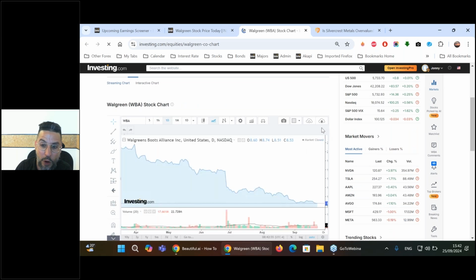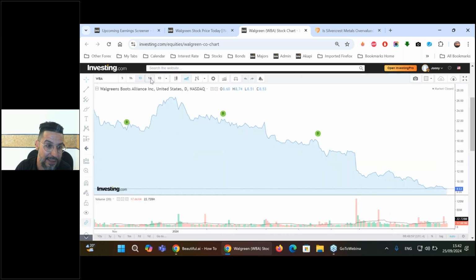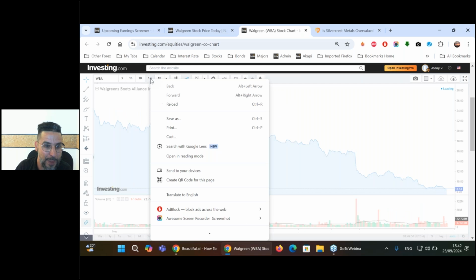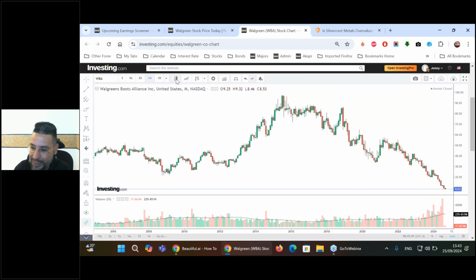One of the biggest pharmacies in the US as of a decade ago, almost nothing is left of it today. Trading at around $100 in July 2015, it is below $10 today.